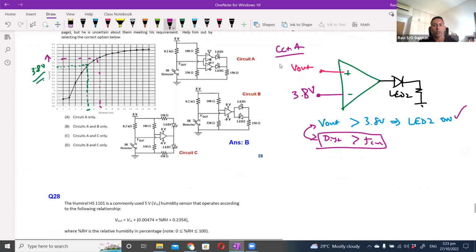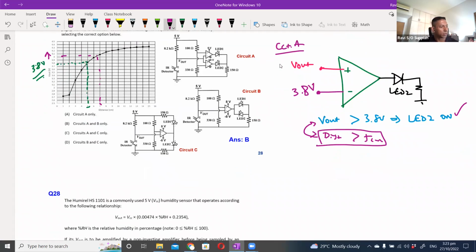So now let's look at circuit B. For circuit B, what do we have? We have a dual supply op amp. Let me draw it here.